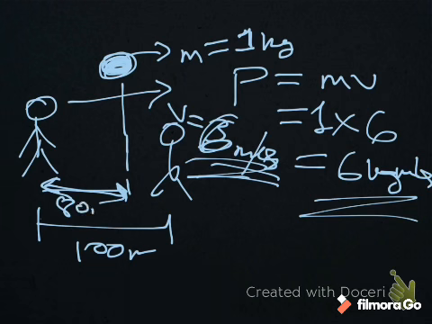Let it be 80 meters. So there's no problem, right? We can calculate both the momentum and the position of the ball at any given instant.